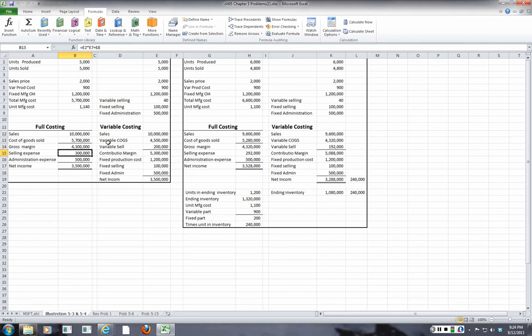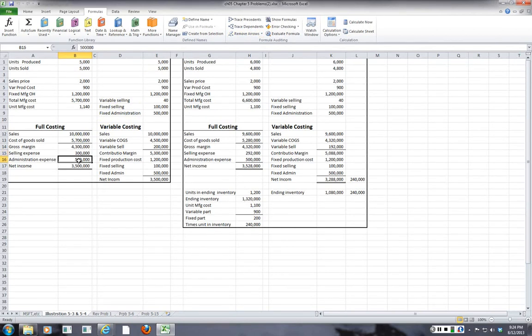Our selling expenses are a little bit different. I come over here to the variable cost to get the composition of the costs that go into that. We have 5,000 units that were sold, and we multiply that by the variable selling expense of $40 a unit plus the fixed cost of $100,000 to get the $300,000 of selling expenses.